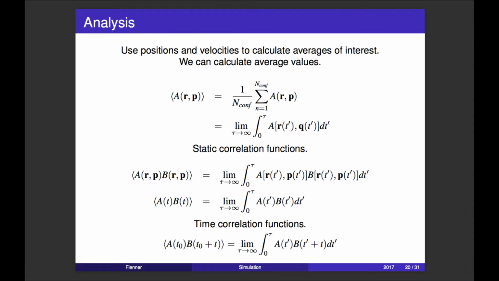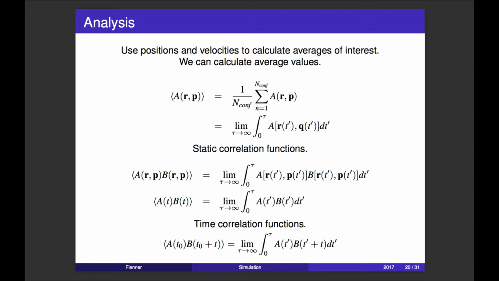For example, and I'll talk about this example, if I'm a benzene molecule here, I'll be interested in the probability of finding a benzene molecule sitting right there, so far away from me. That would be an example of a static correlation function.